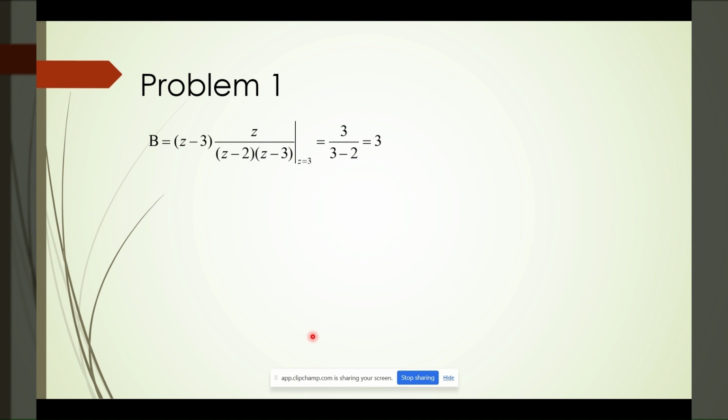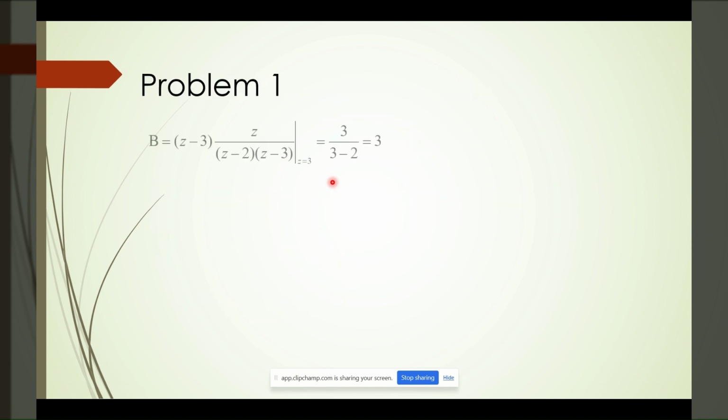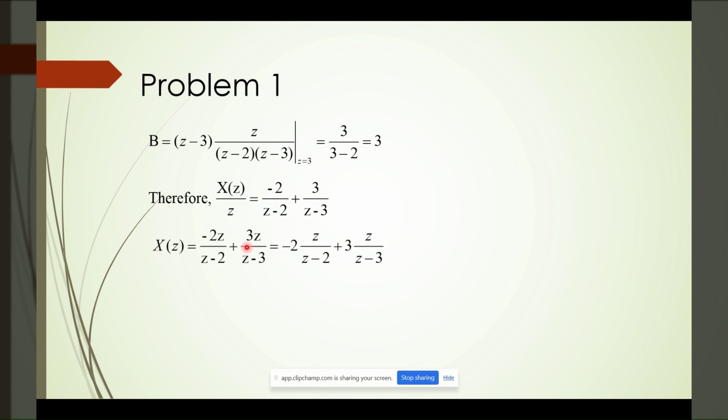On substituting the value of z, we get 3 by 3 minus 2. The final value is going to be 3. So A is minus 2, B is 3. Therefore, X of z by z is equal to minus 2 by z minus 2 plus 3 by z minus 3.